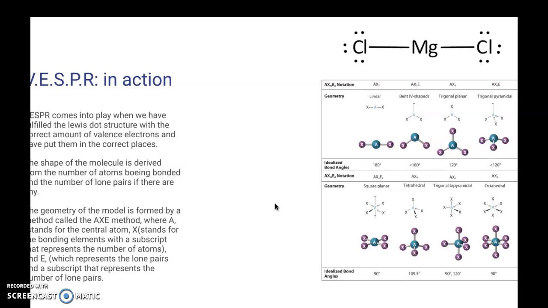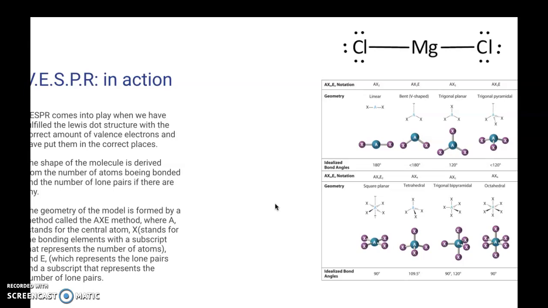So in this case, with magnesium chloride, we'll have X with a subscript of 2, because X is our bonding element, and since we have chlorine and we have 2 of those, we have a subscript of 2. And then our E will be our lone pairs, and since, as you can tell here, we have no lone pairs for magnesium, we'll leave that blank.